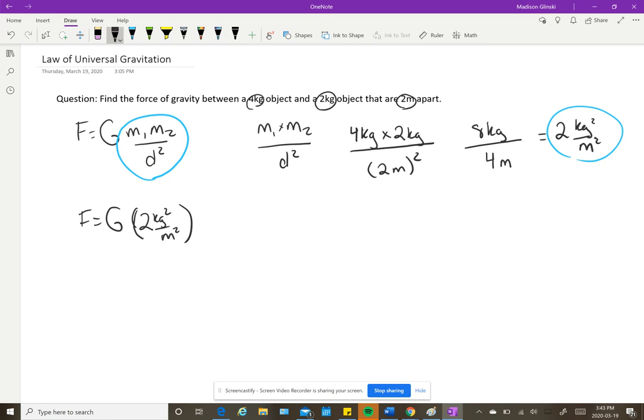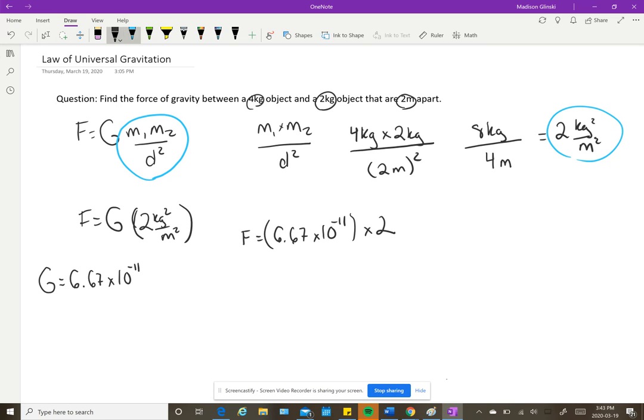Now, gravitational constant is a constant, so it will always equal the same thing. Here, gravitational constant is 6.67 times 10 to the negative 11. So now we have an equation that is force equals 6.67 times 10 to the negative 11, all that times 2.